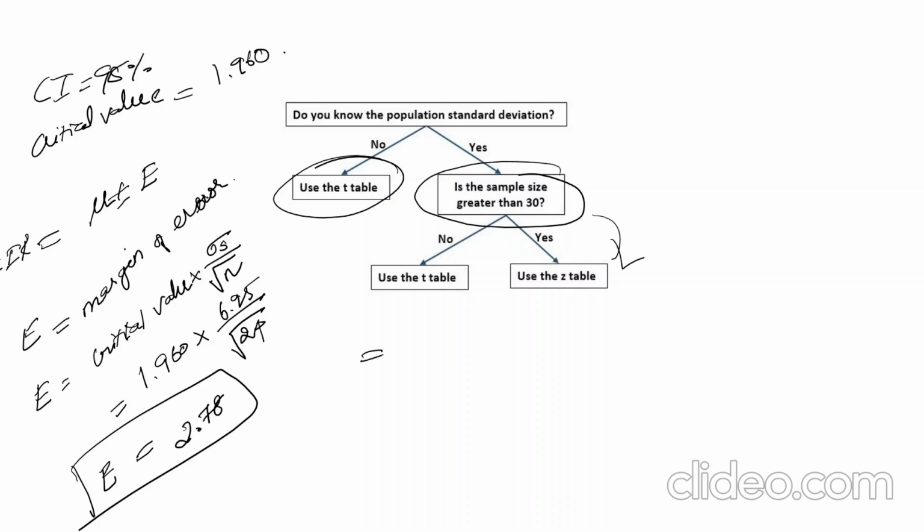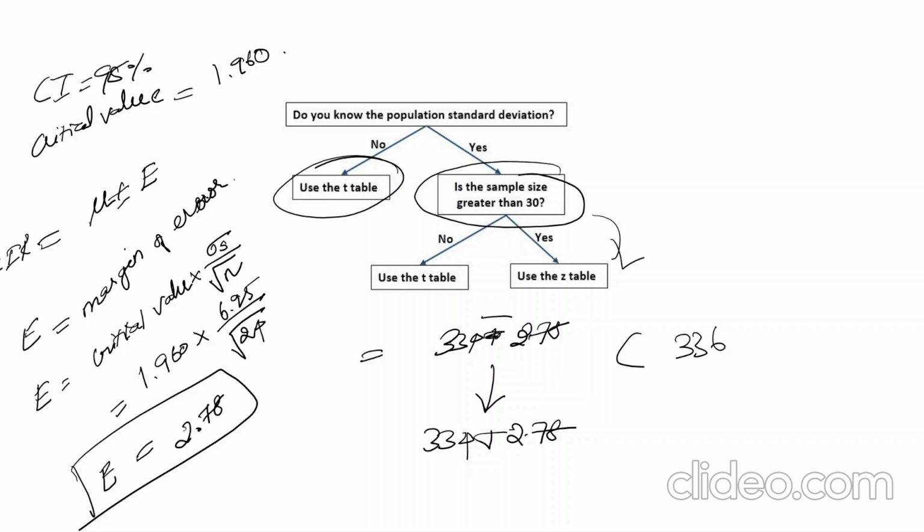So the range is 334 minus 2.78 to 334 plus 2.78. So that gives 336.78 for the upper bound value, then 331 for the lower bound value.